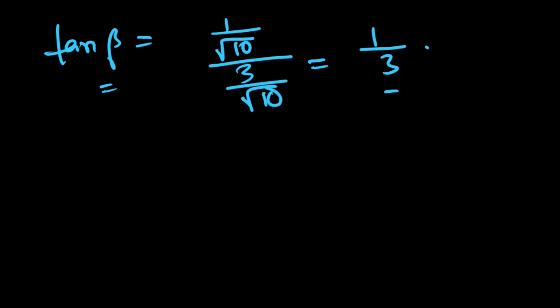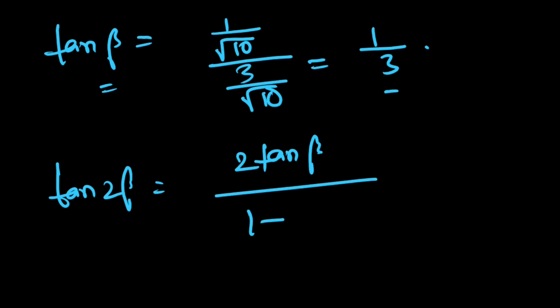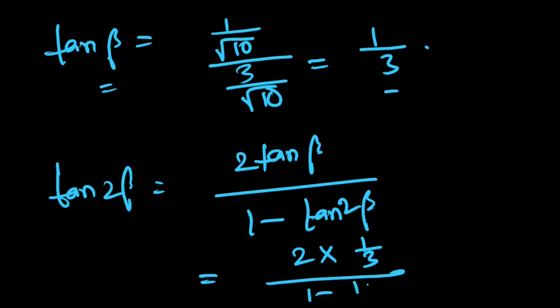Now we find tan of 2 beta. So we use this formula: tan 2 beta is equal to 2 tan beta over 1 minus tan square beta. So put the value of tan beta, that is 2 multiplied by 1/3 over 1 minus (1/3) square, that is 2 by 3 over 1 minus 1 by 9.